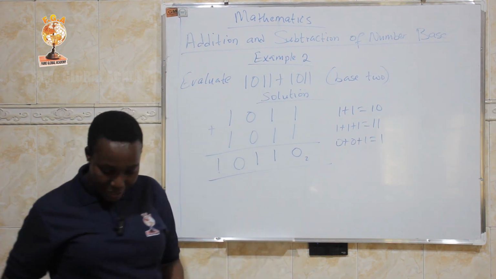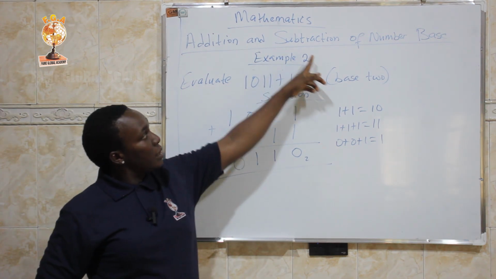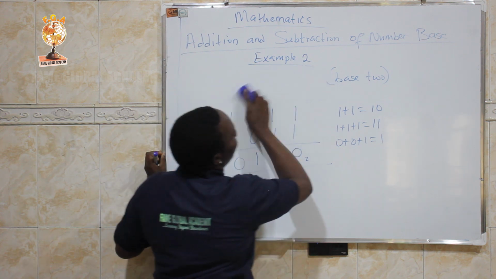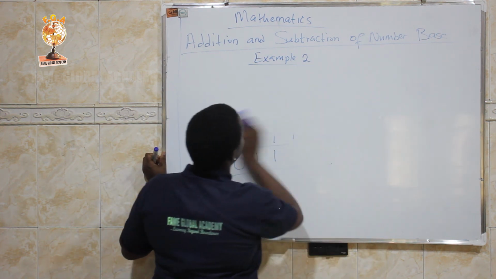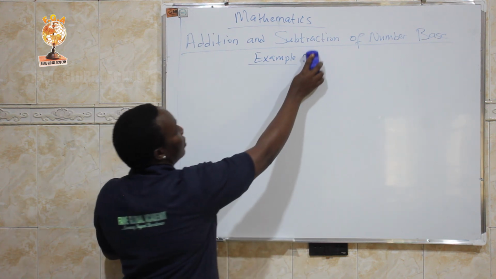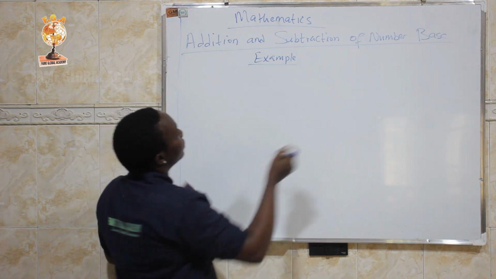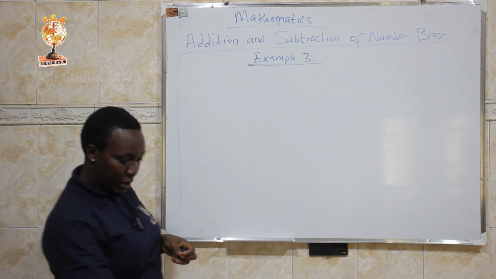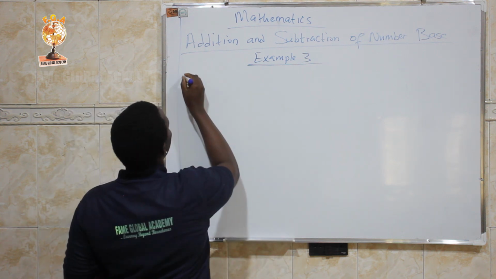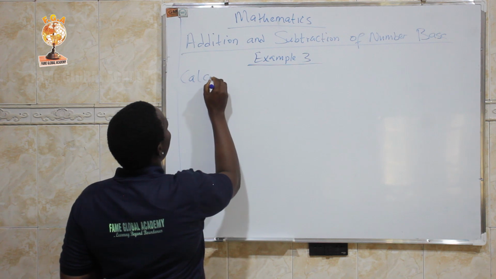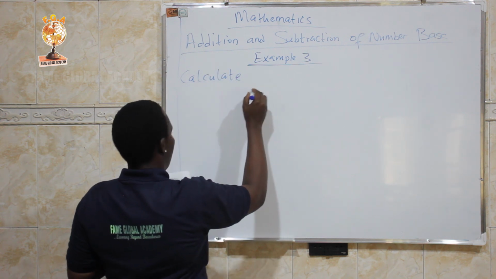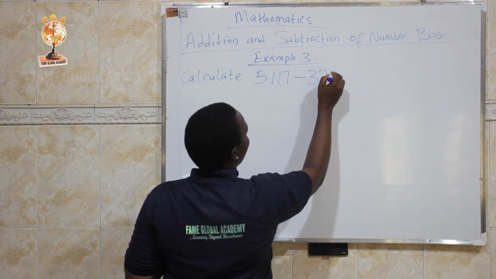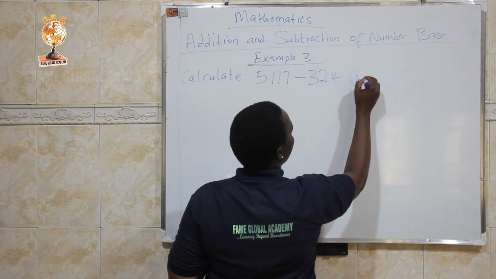So let's go to example 3. Example 3, we are going to be looking at subtraction of number base. Say, calculate 5117 minus 324 in base 8.